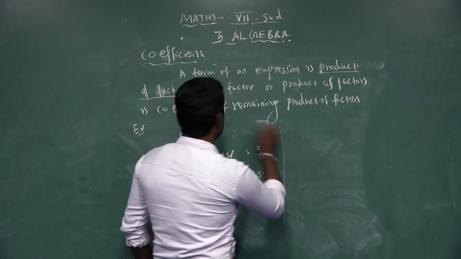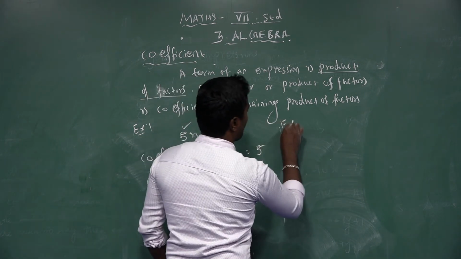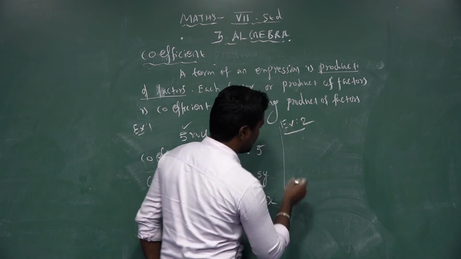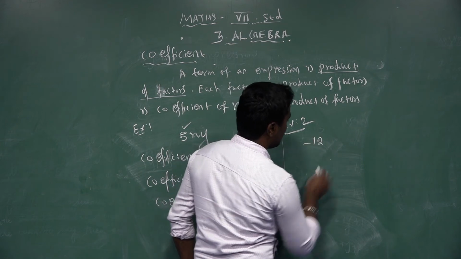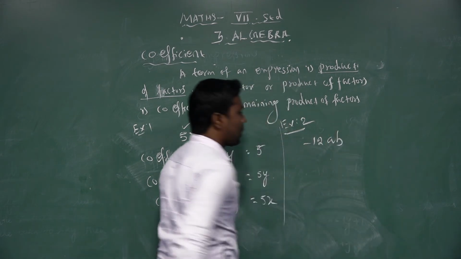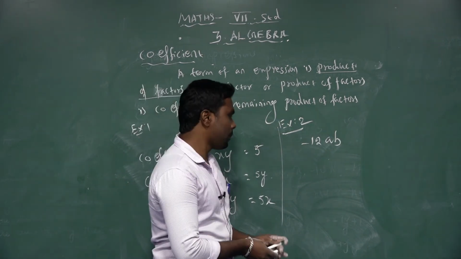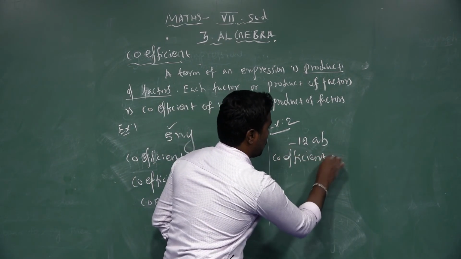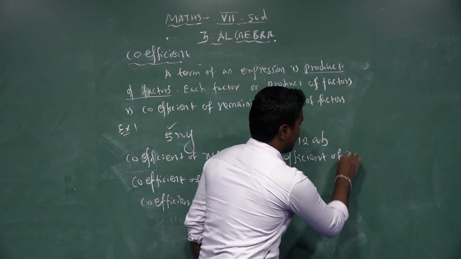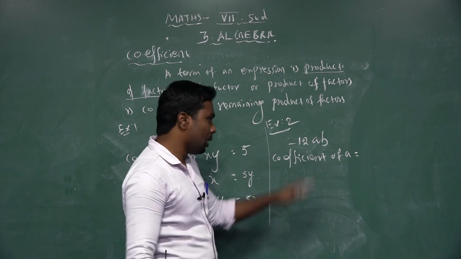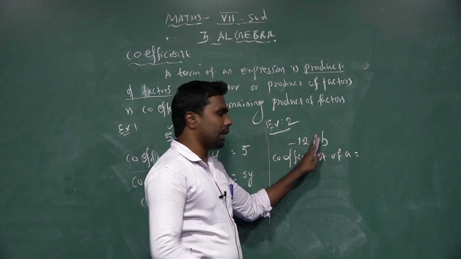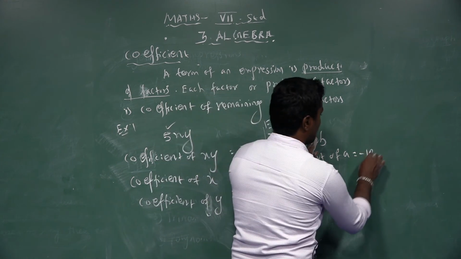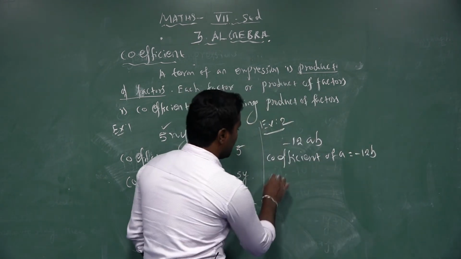Another example, minus 12AB. Coefficient of A: hide A, the remaining is minus 12B.